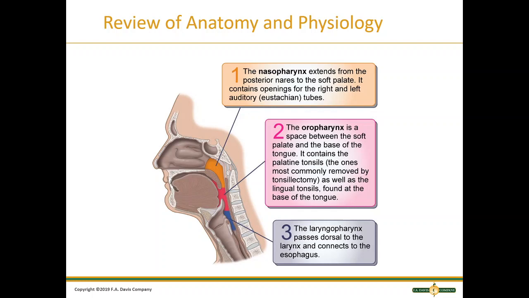Remember you were asking, what does NP mean? This is where you were swabbing for secretions to get a sample to send in. The oropharynx just moves down farther, and then the laryngopharynx is down farther past that. So you can see these illustrated by the colors here.